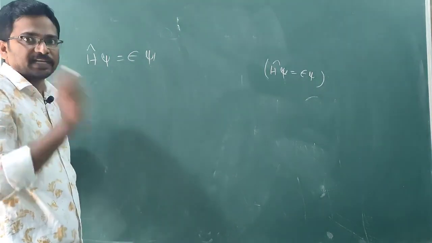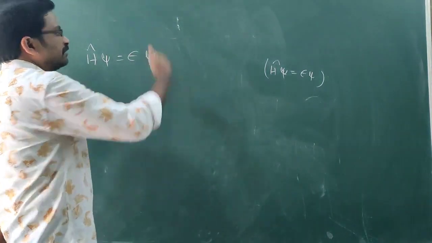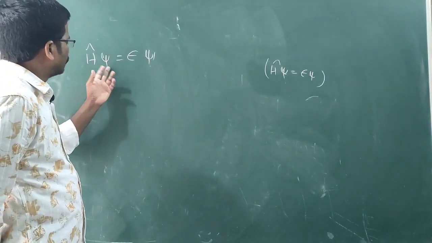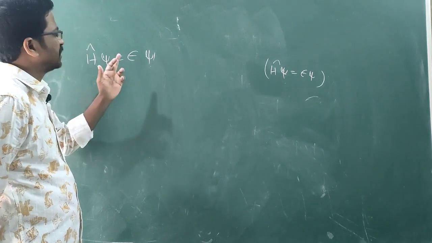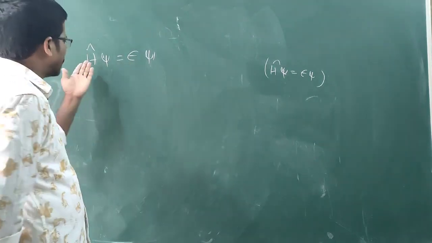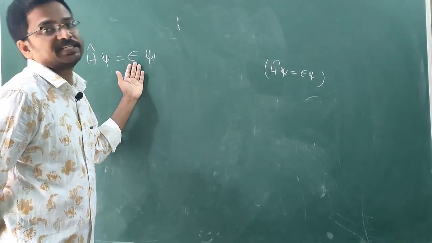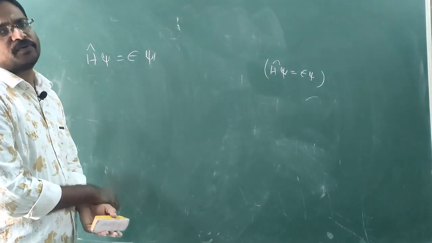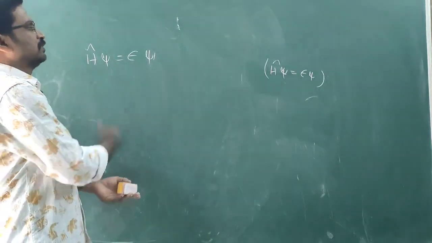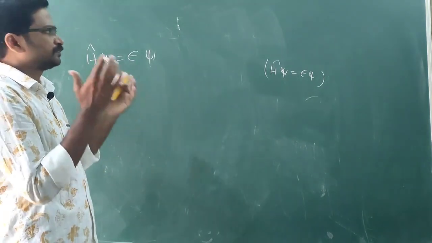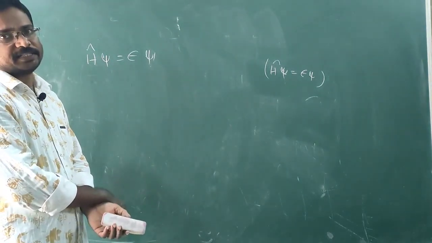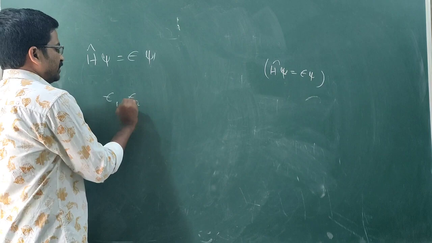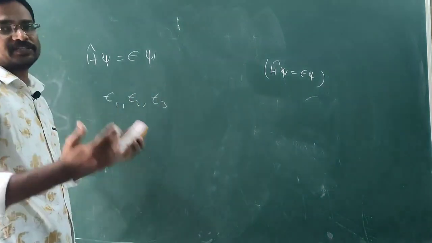You did some operation and you get the type of results. This is the energy operator, so you get the energy results. From the Schrodinger wave equation, the results are energy levels, E1, E2, E3, quantized energy levels.